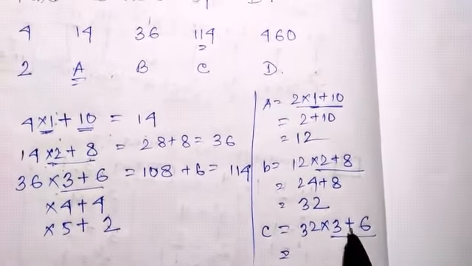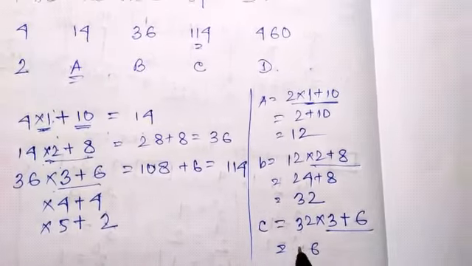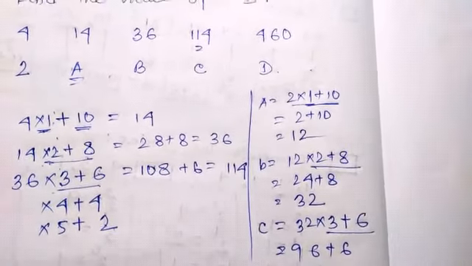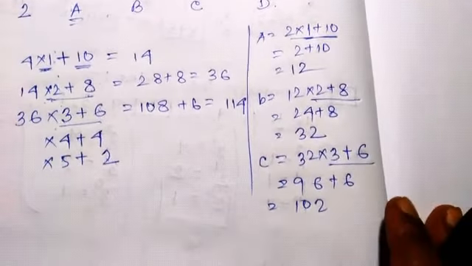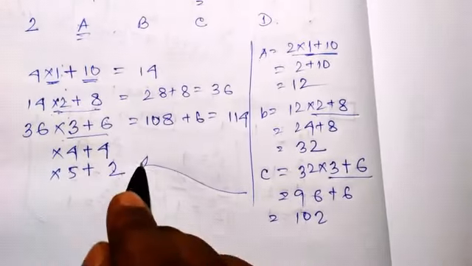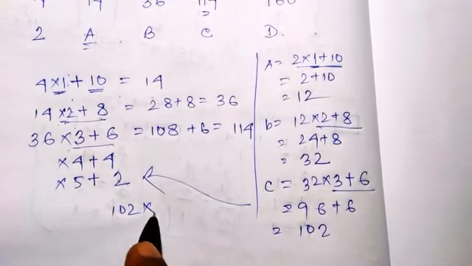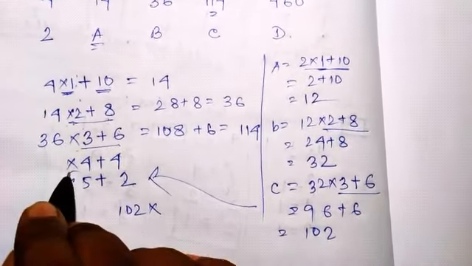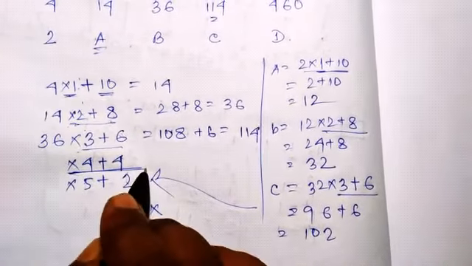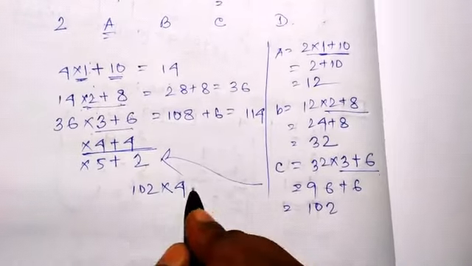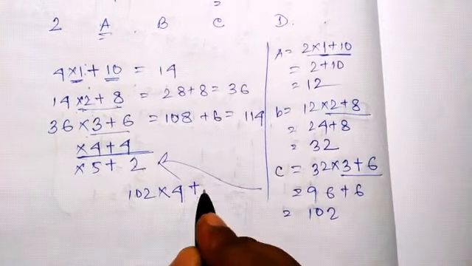So it will be 96 plus 6, that is 102. And next, finally our answer, that should be 102 into 4 plus 4, multiplied by 4 and then adding 4.